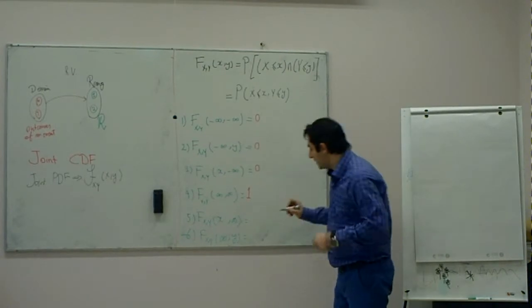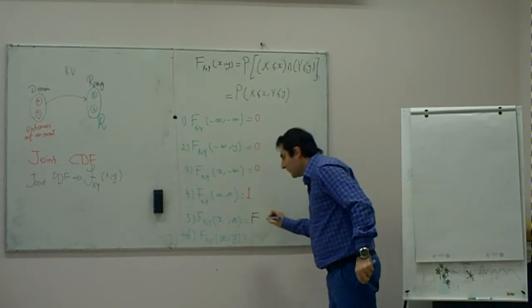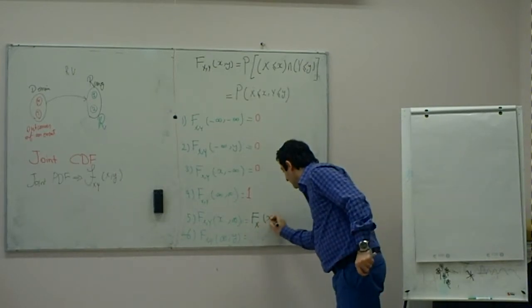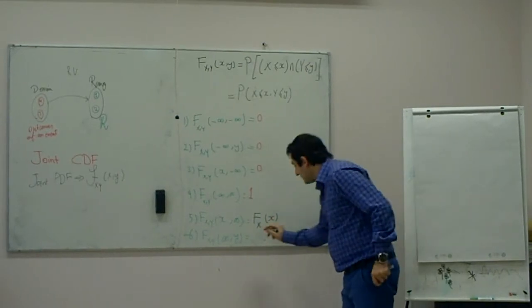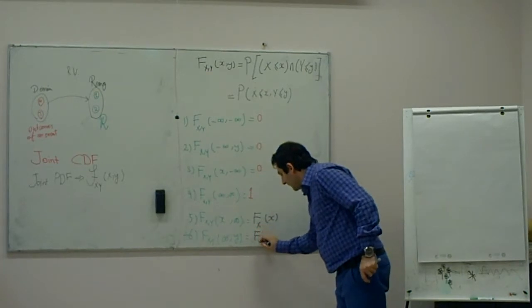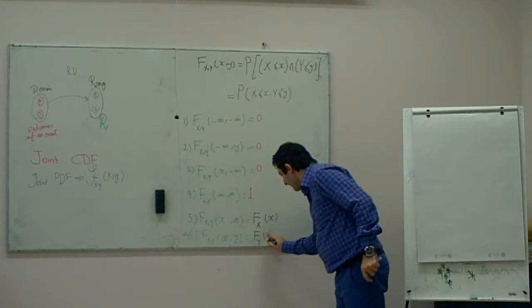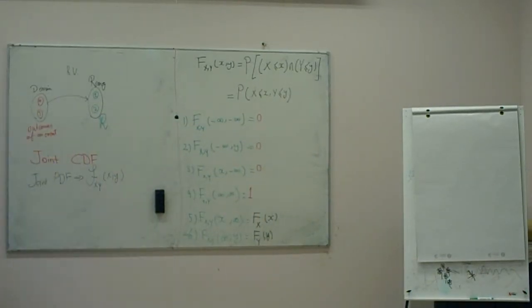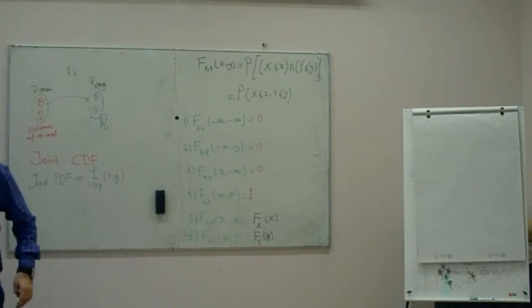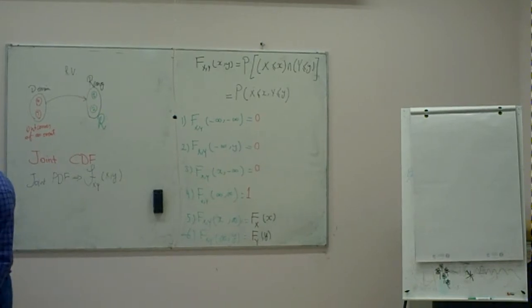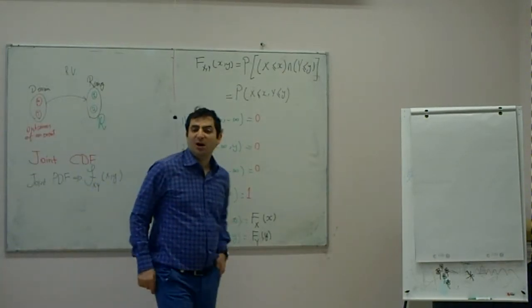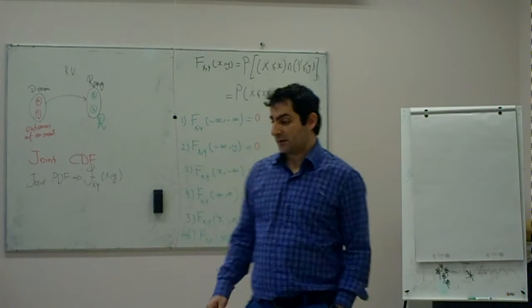So this will be the cumulative distribution function of X. Similarly, this one will be the cumulative distribution function of Y. Now, these are very useful because we will use them later in order to calculate the marginal distribution functions.